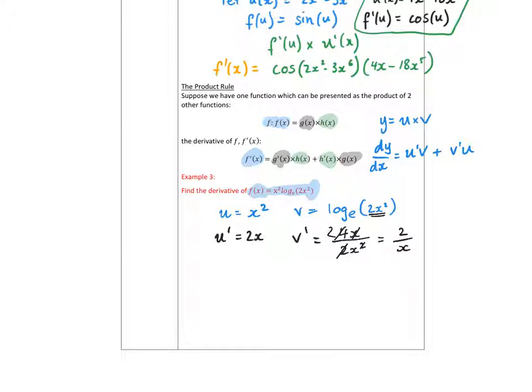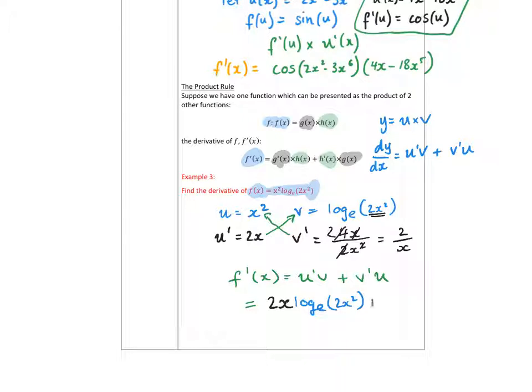There are 4 pieces. We know the formula is that f dash of x will be u dash v plus v dash u. So my u dash is 2x, times my v, so 2x log e 2x squared, plus my v dash u.